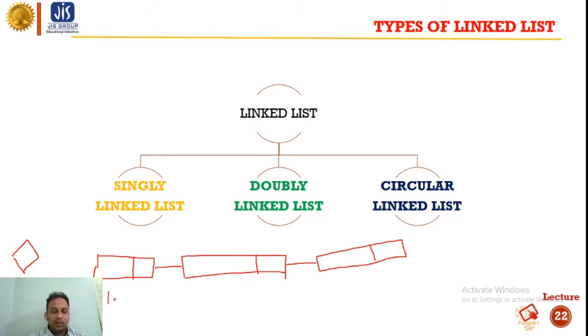Suppose the address of this node is 100, this is 200, and this one is 300. The element stored here is A, here is B, and here is C. Basically, this is the head.